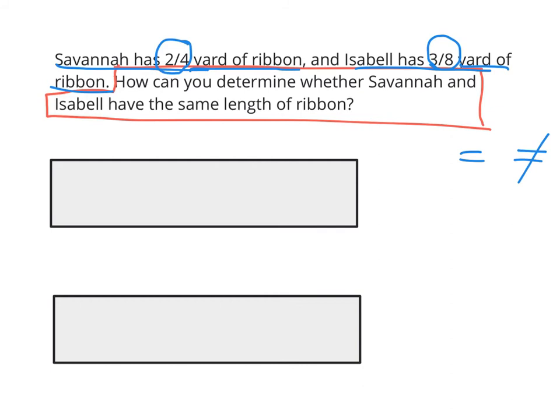So let's begin with Savannah's ribbon. So Savannah has 2/4 yard of ribbon. So let's suppose that this is a yard and this is also a yard. Remember, it has to be the same length. Since Savannah has 2/4 yard of a ribbon, we're going to divide this into fourths.